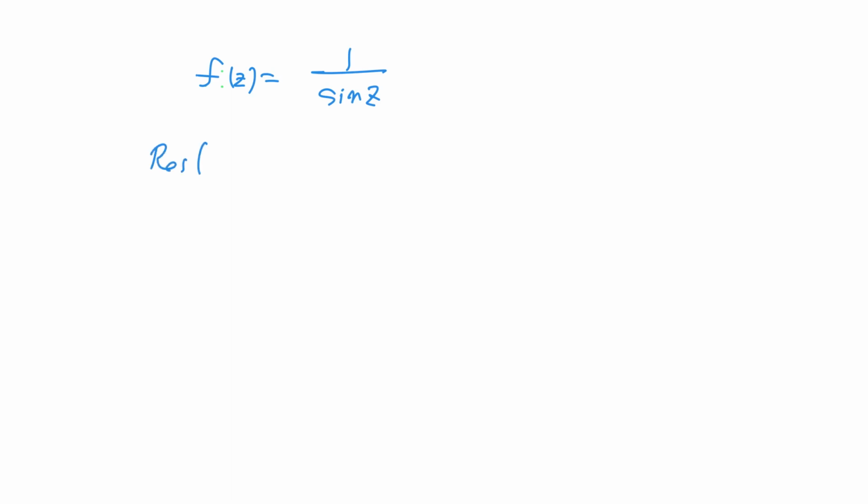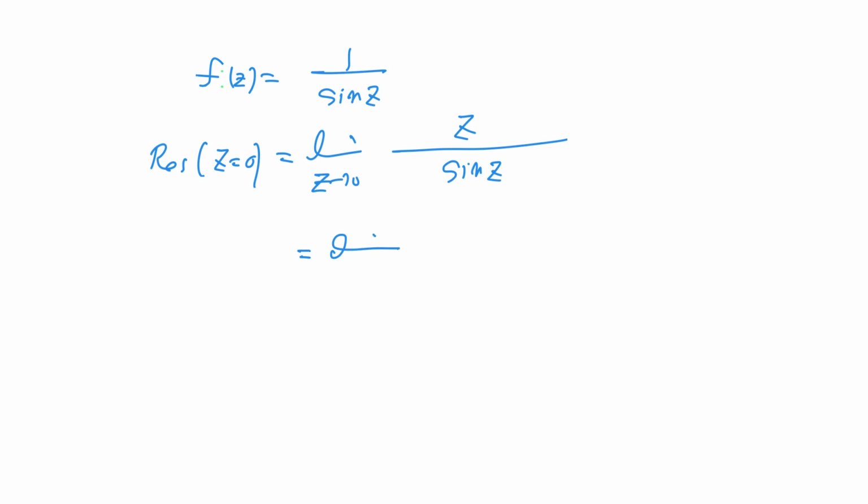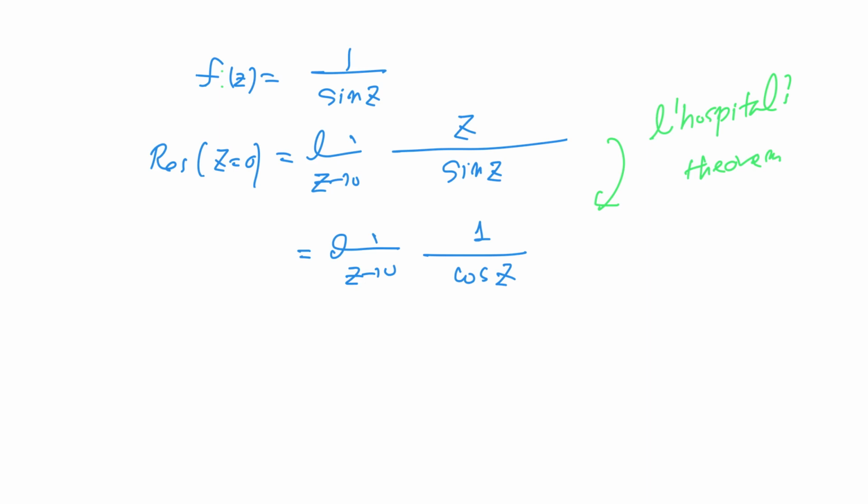So the residues at c, using L'Hopital's theorem, becomes just 1 over cosine z, right? And at 0, it simply is 1, right?